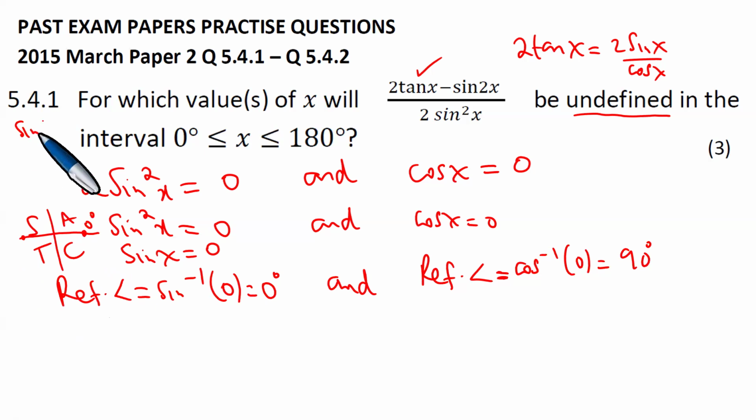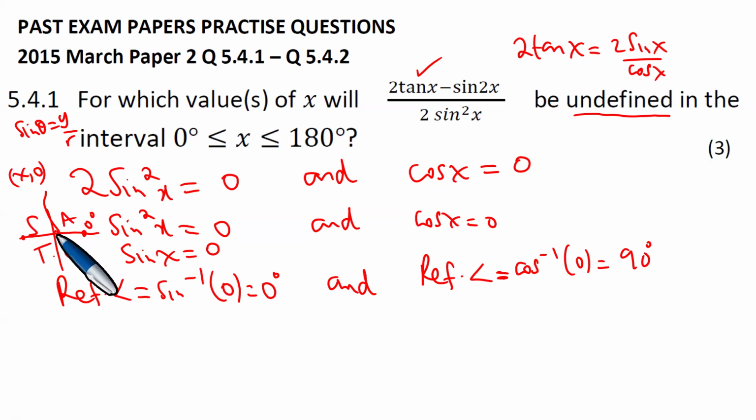And why is the sine 0 there? Because you know very well that the sine of theta is opposite over hypotenuse, so it is 0 whenever y is 0. When is y 0? y is 0 on the x-axis, because any point on the x-axis has x as whatever, but y is 0.